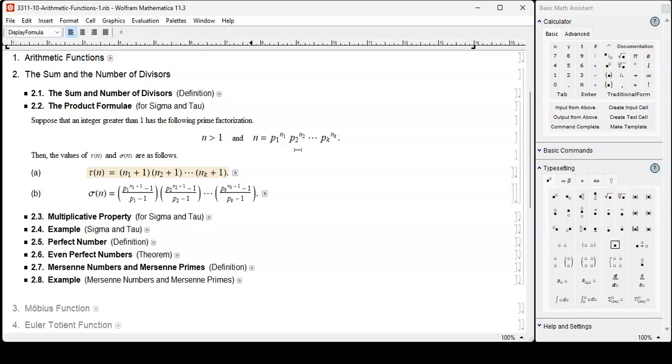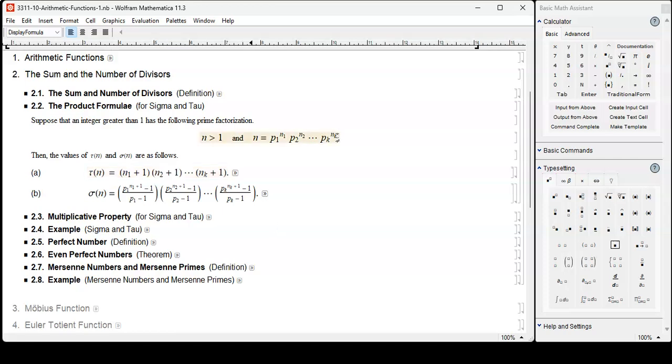In other words, p1 has possible powers 0, 1, 2, 3, 4, 5, 6, up to n1, so there are a total of n1 plus 1 choices. And p2 has possible powers 0, 1, 2, 3, 4, up to n2, so n2 plus 1 choices.